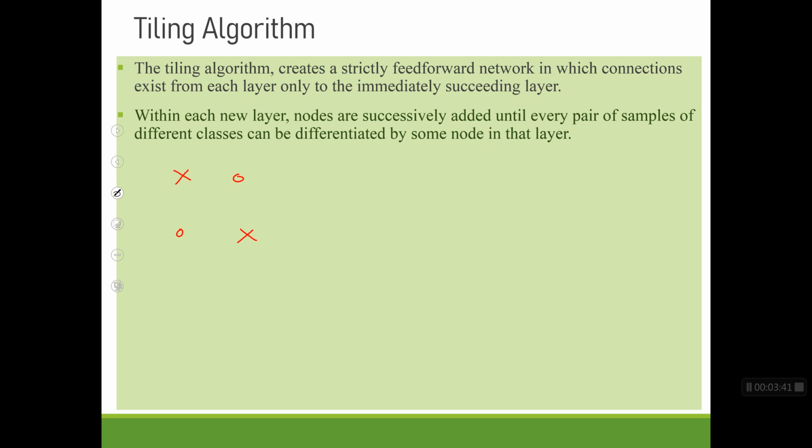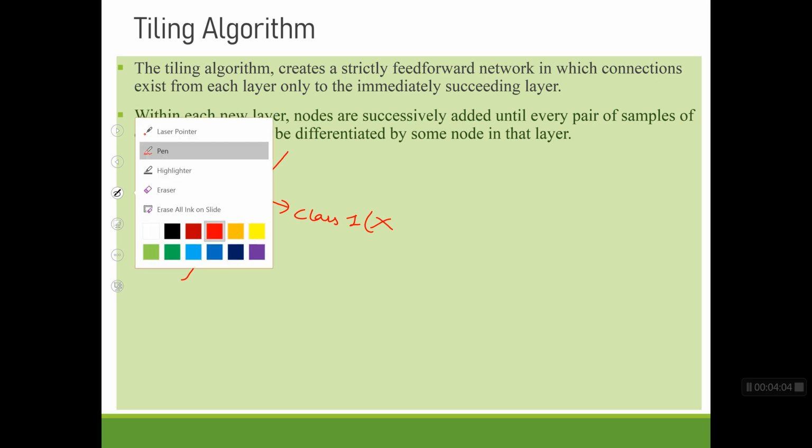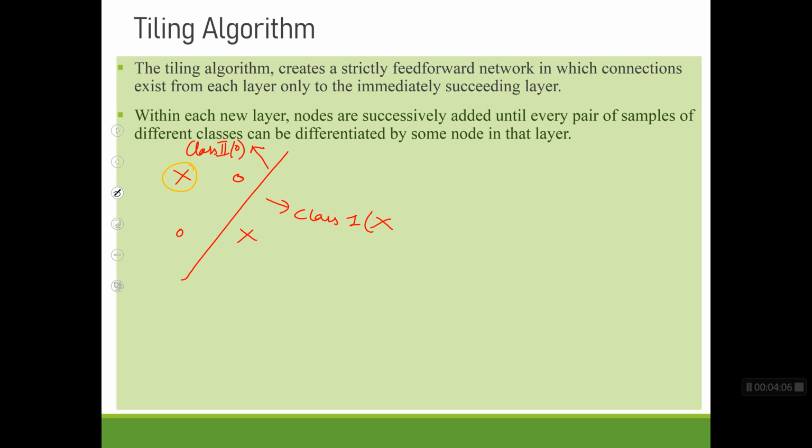So what I have to do is that I have to start with one particular node which will give me the minimum number of misclassifications. So now if I have drawn this particular line, there is only one misclassification. This is your class 1, which is nothing but X, and this is your class 2 which is nothing but O, and only one of them is misclassified. Now which one? This one will be misclassified.